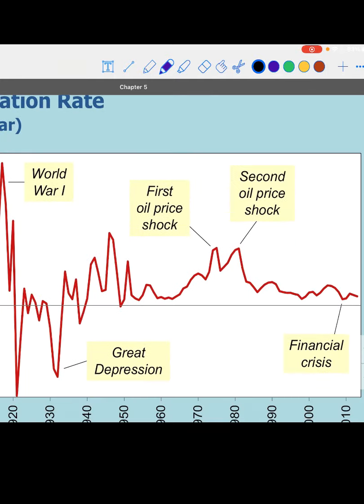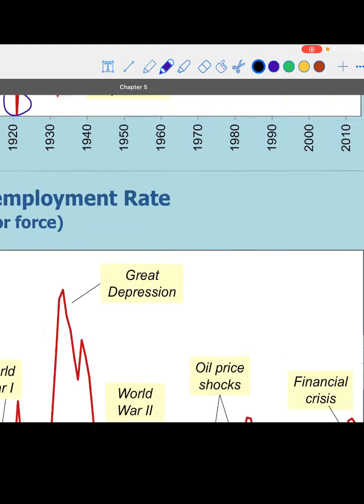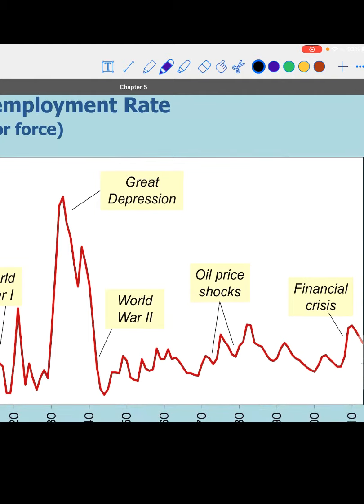Here's inflation. Again, most of the focus here is not even so much on the fluctuations, but points where it's incredibly high and points where it's incredibly low. And then with unemployment, same thing. Points where it's high, points where it's incredibly low. How do we explain that?